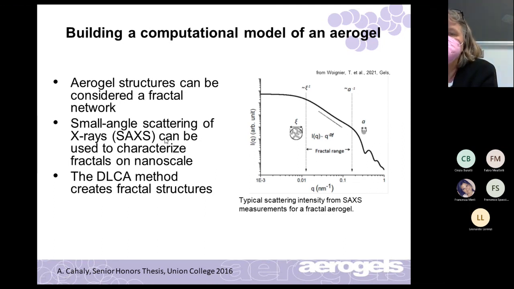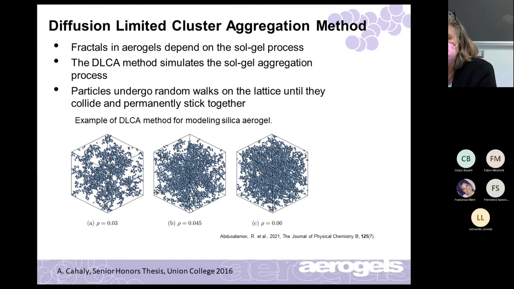And there's a method called DLCA, diffusion limited cluster aggregation method, to create fractal structures. So what we're working on now is this DLCA method, which is actually, the way that aerogels are formed in the sol gel method is sort of like the DLCA method.